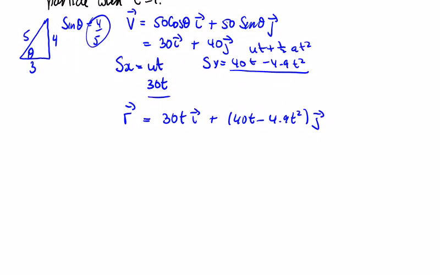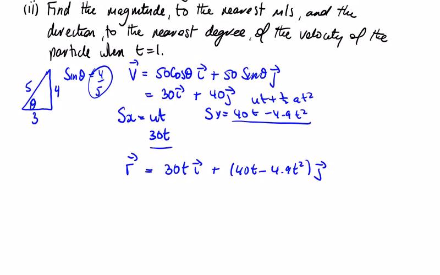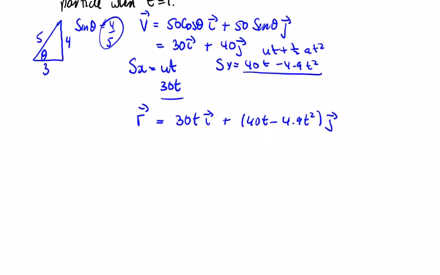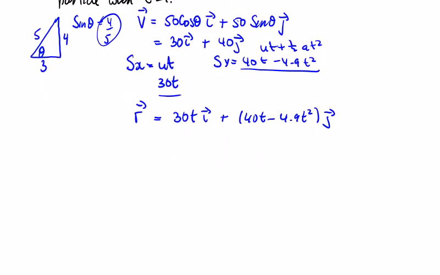Okay, well when t is equal to 1, we're looking for the velocity here. We're looking for the magnitude. So the velocity is equal to u plus at. So my velocity in the i direction is just my initial 30, and my velocity in the j direction is equal to 40 minus, sorry, my at, so minus 9.8t.